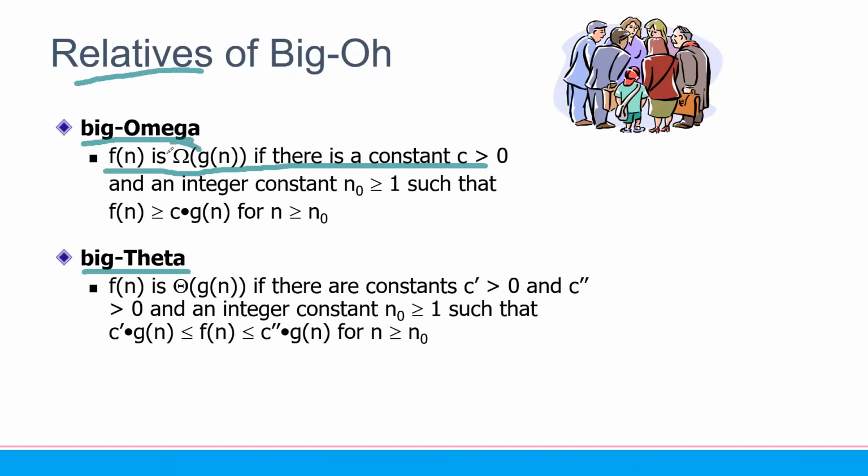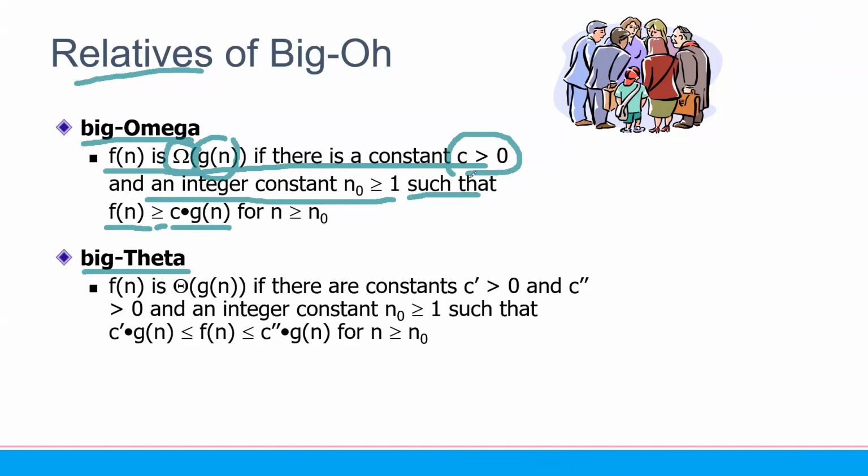Fn is big omega Gn if there is a constant C greater than 0 and an integer constant n0 greater than or equal to 1 such that Fn is greater than or equal to C multiplied by Gn.